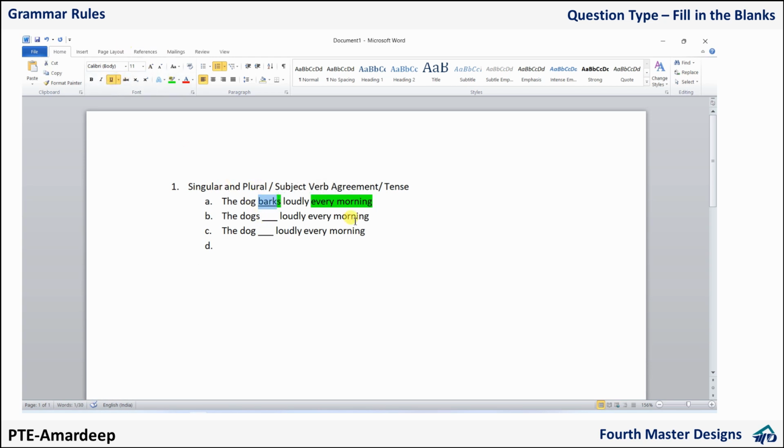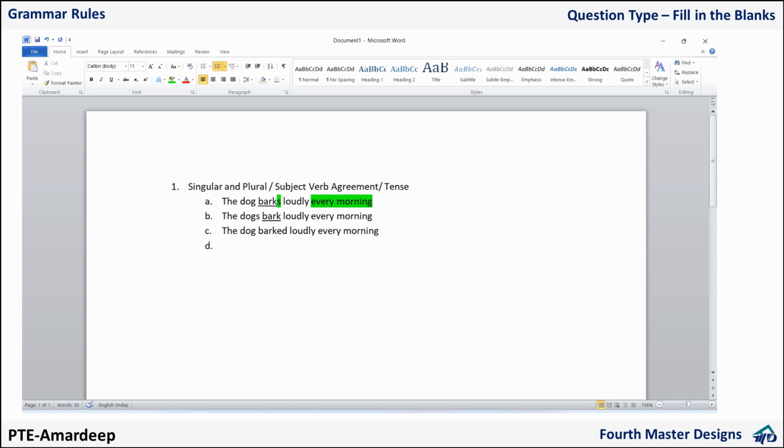Got it? The dogs, now it is what? Your plural, bark loudly every morning. So there won't be any S here. And then you have the dog. Now in this case, I can even say the dog barked loudly every morning.